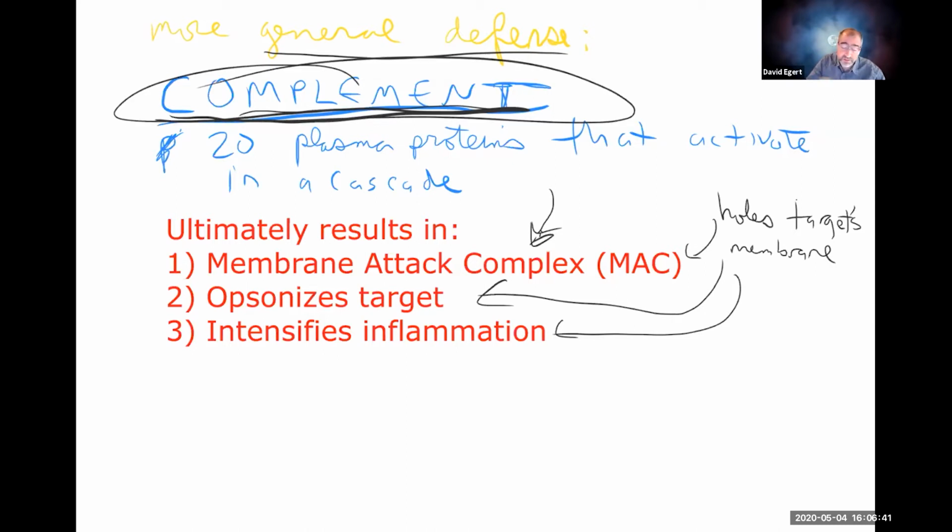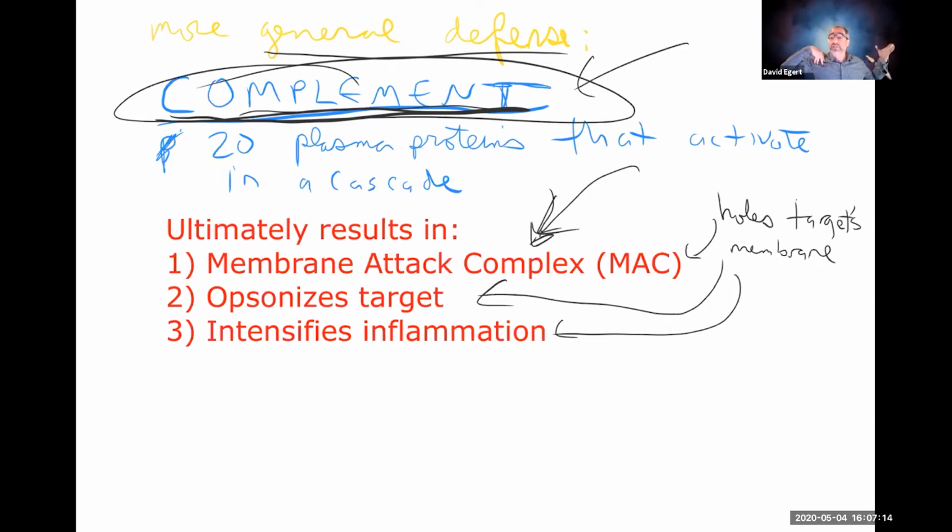Complement is also going to be a critical part of specific defenses. Antibodies will actually activate this whole complement cascade. So when we get to why antibodies are bad news for the target, it's because they fix complement. They make this whole complement cascade happen. So I am sitting here and some antibody recognized me.